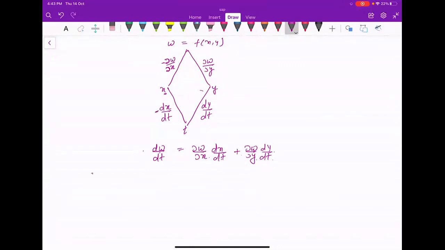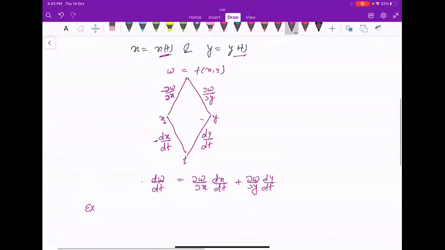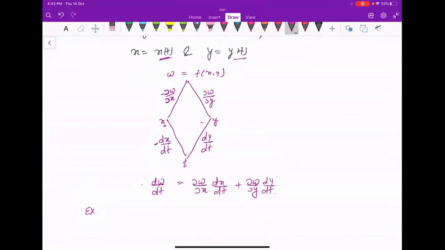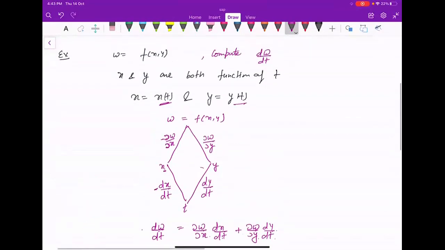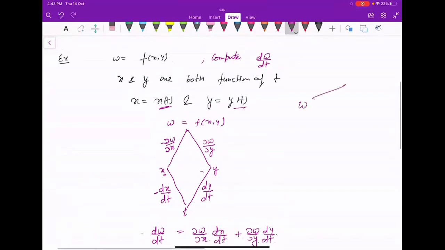Excuse me, ma'am. Yes. Here x and y both depend on t. So can we say that w is a function of the single variable t? But w is associated with two variables, first x and y. Obviously w is a function of t, but it is going toward t by passing through these two variables. We cannot directly compute dw by dt.